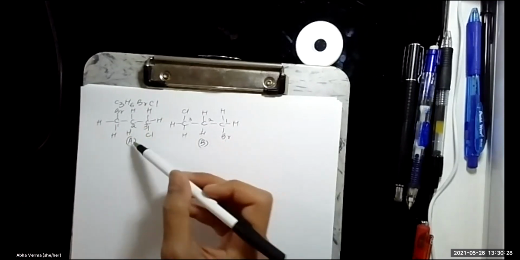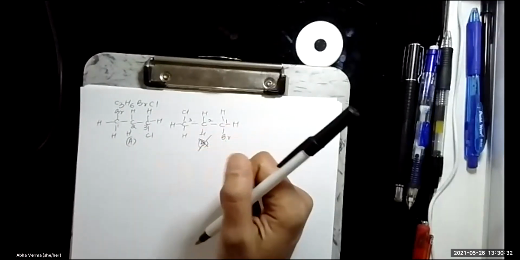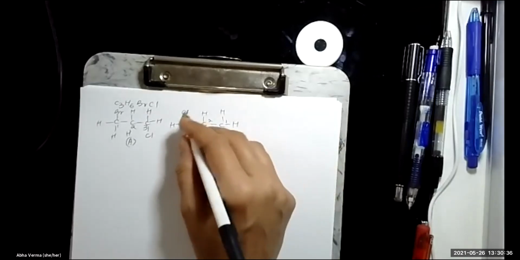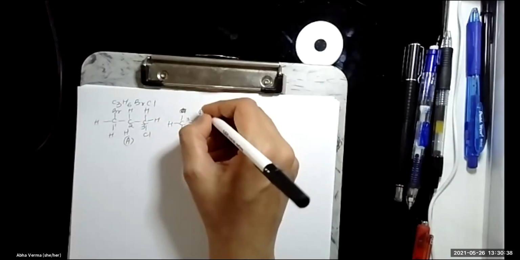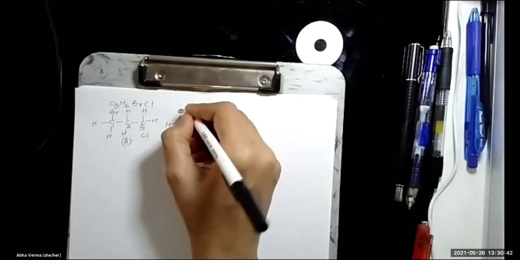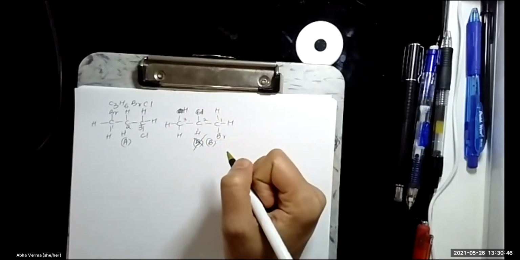So both of them are exactly same structures. So structure B is not a constitutional isomer of A. However, instead of 3, if I had my chlorine at the second location, now A and B are constitutional isomers.